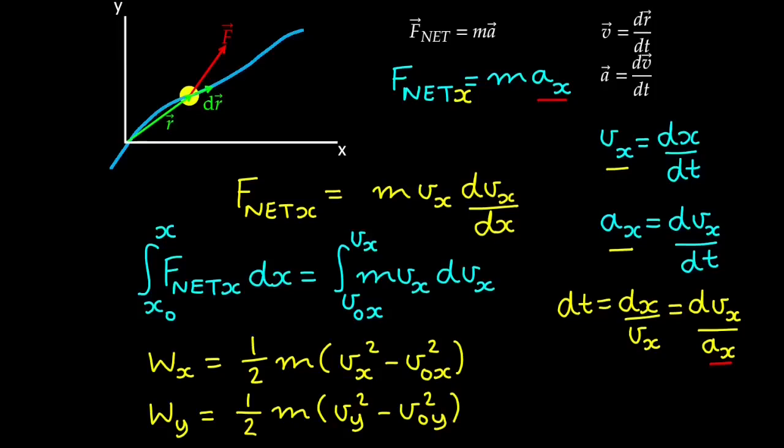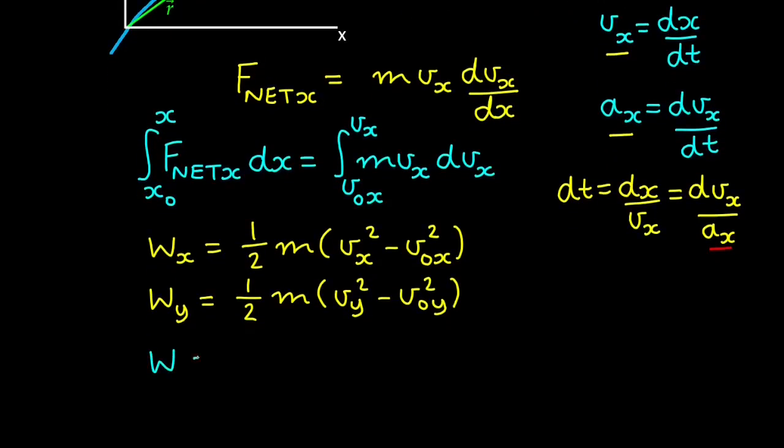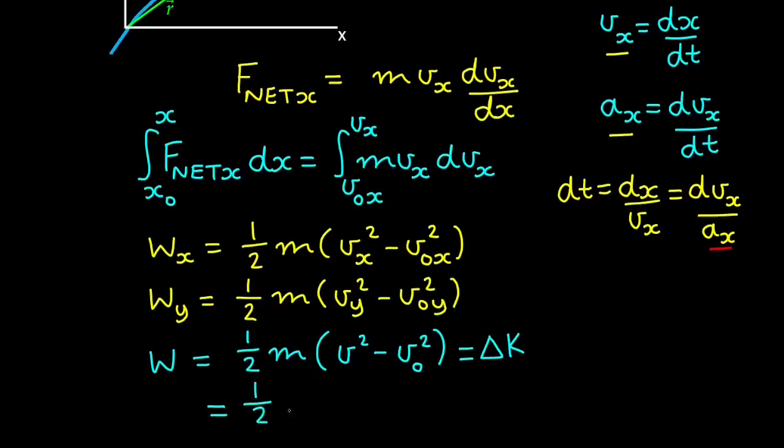And then summing these together, you'll get the work done by the forces acting on a particle in multiple dimensions is equal to the change in its kinetic energy. So here we have the squared magnitudes of the vectors, which is the same as the dot product between a vector and itself.